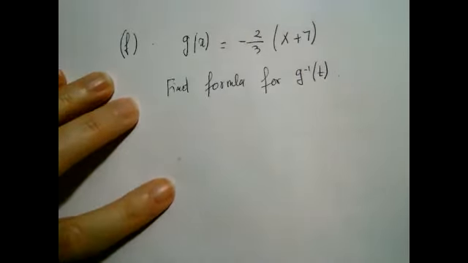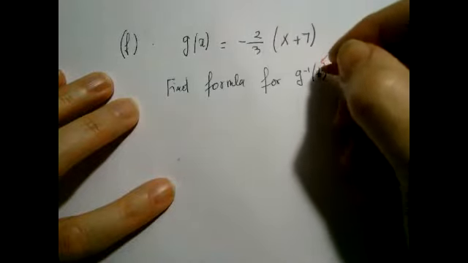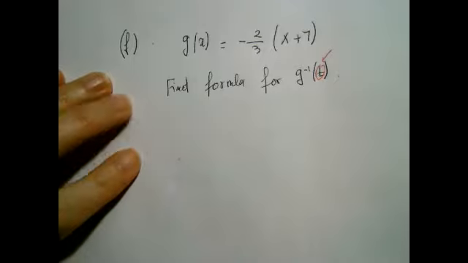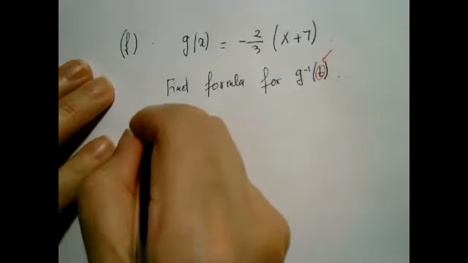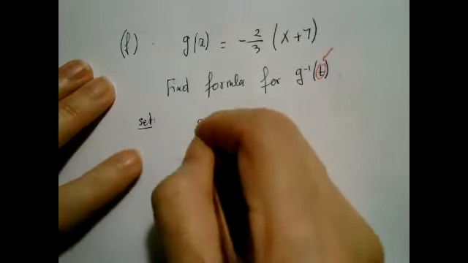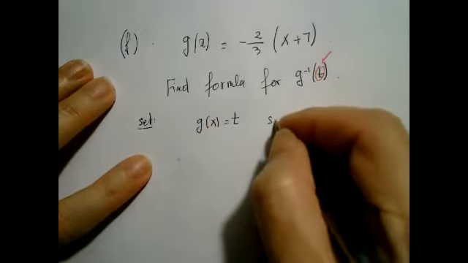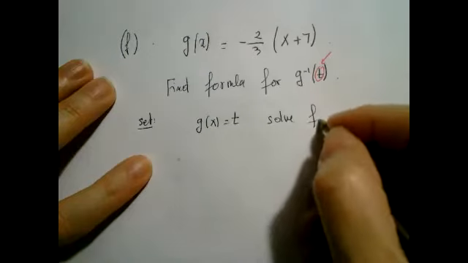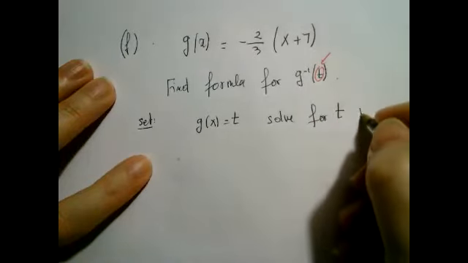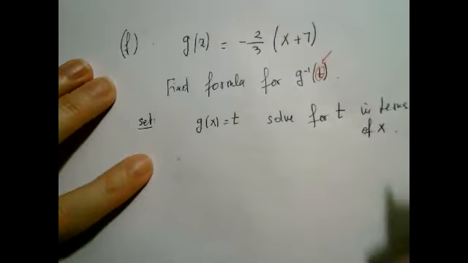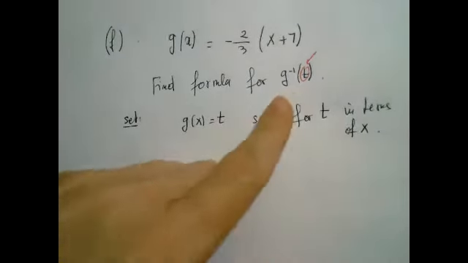It means, as I said, you know the output, you need to find x in terms of t. So the process is, we're going to set G of x equal to t and solve for x in terms of t.